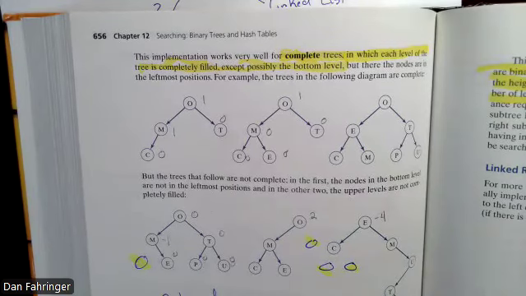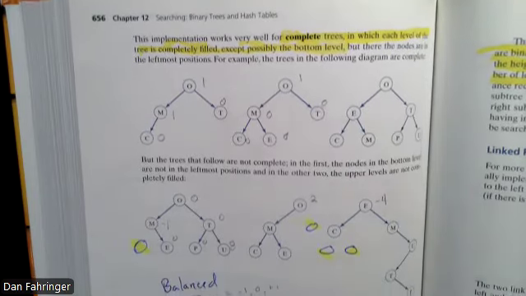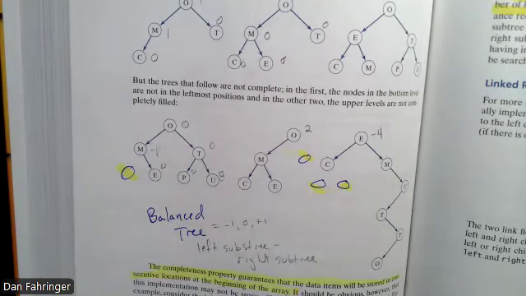Now, something that we're going to use is a balanced tree. Each tree node is going to be given a number. And balanced trees are going to come up, if not next week, the week after. What a balanced tree is: you take the left subtree and you subtract the right subtree, and what I mean by that is the height.